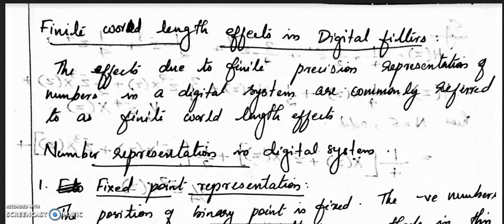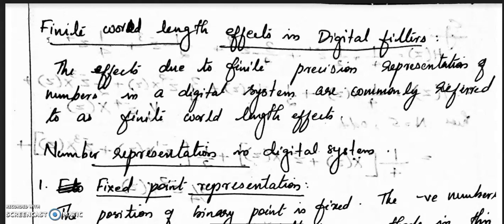And the memory which we use to store the digital data in digital filters or digital processors has finite memory locations, finite size. If the data we are giving is greater than the size of the memory, it can't be stored there.